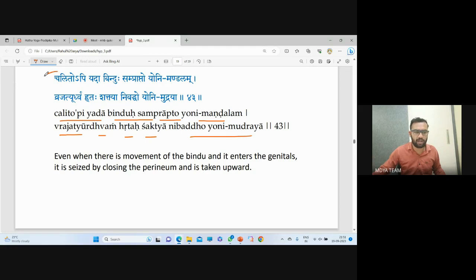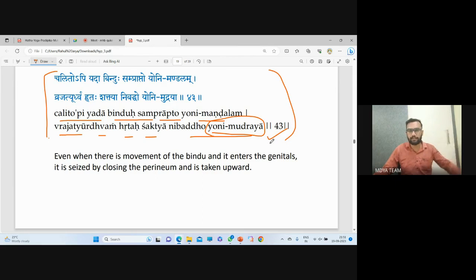Now in that sloka, if by mistake the bindu comes to the yoni mandala, it means the sperm is ready to come out. But we can control that nectar also with the help of yoni mudra, and yoni mudra is vajroli.